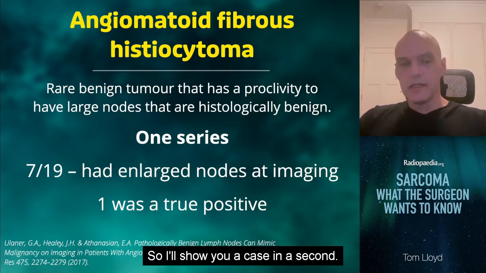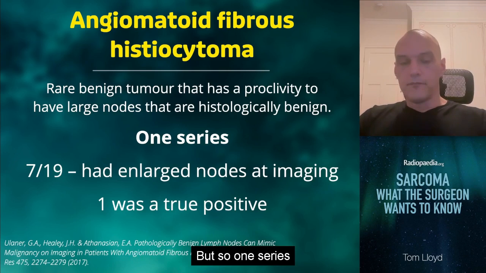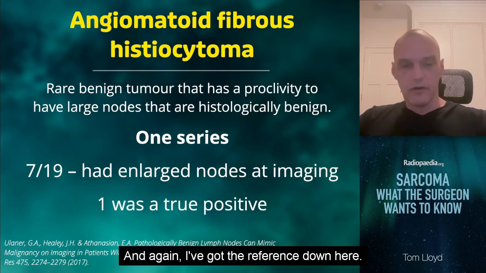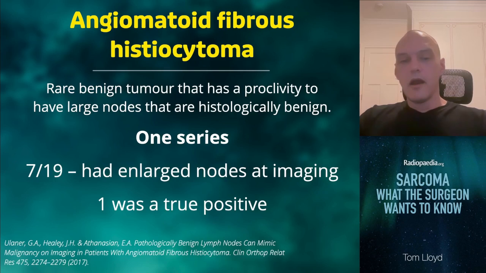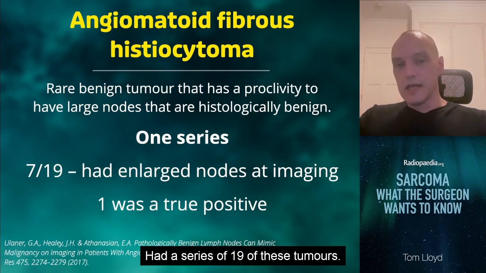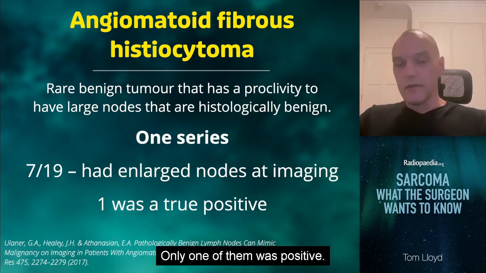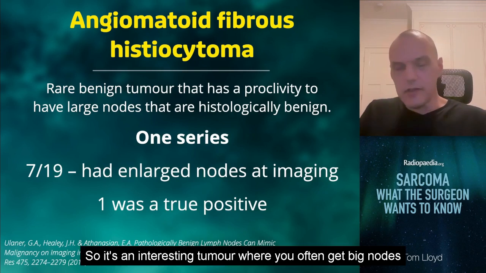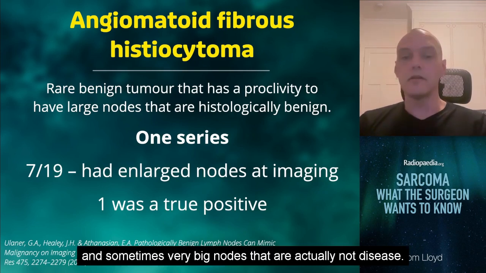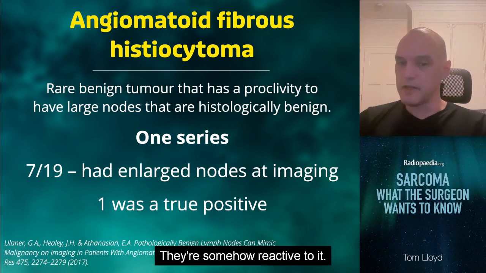So I'll show you a case in a second, but one series that's been published, and again I've got the reference down here, had a series of 19 of these tumours. 7 of them had enlarged nodes at imaging. Only 1 of them was positive. So it's an interesting tumour where you often get big nodes, and sometimes very big nodes, that are actually not disease. They're somehow reactive to it.